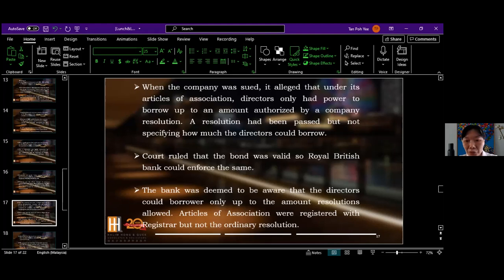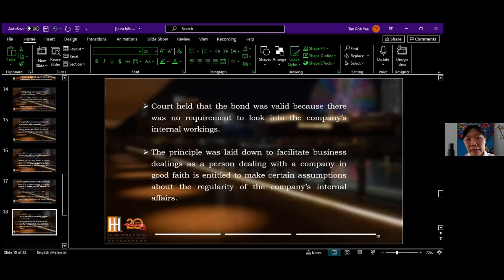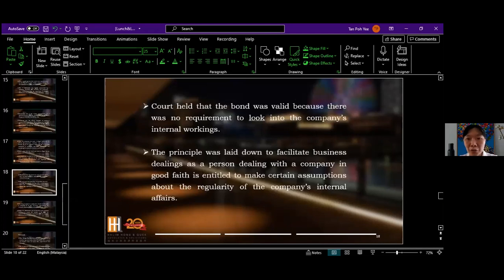The articles of association were registered, but the ordinary resolution was not; it's not registrable under UK law. So the court in that case held that the bond was valid because there was no requirement for the Royal British Bank to look into the company's internal workings. So that's what is meant by the internal management rule.